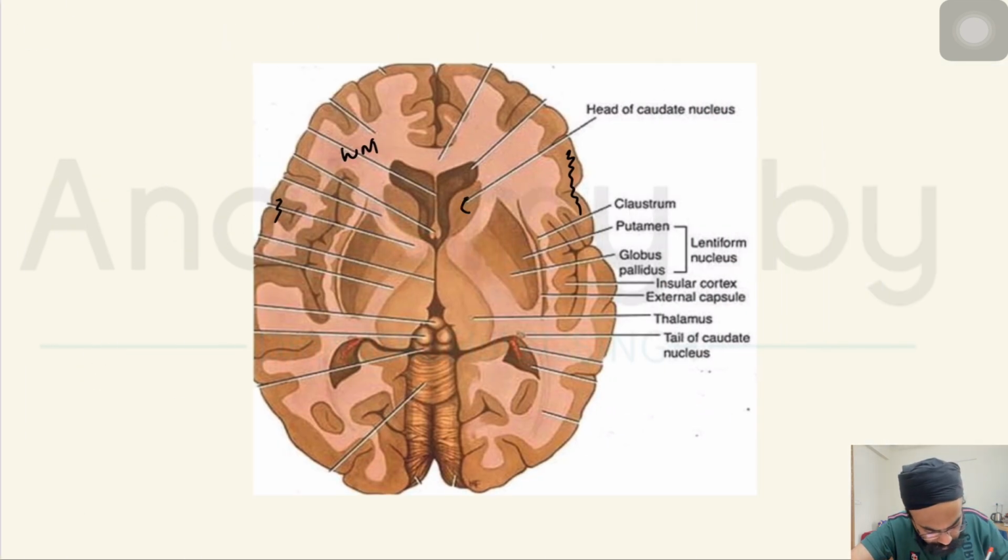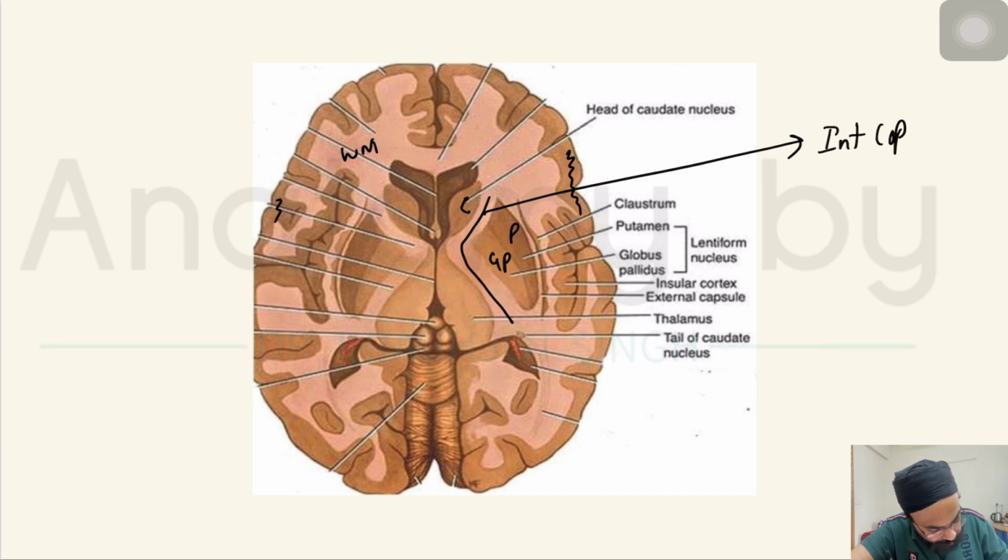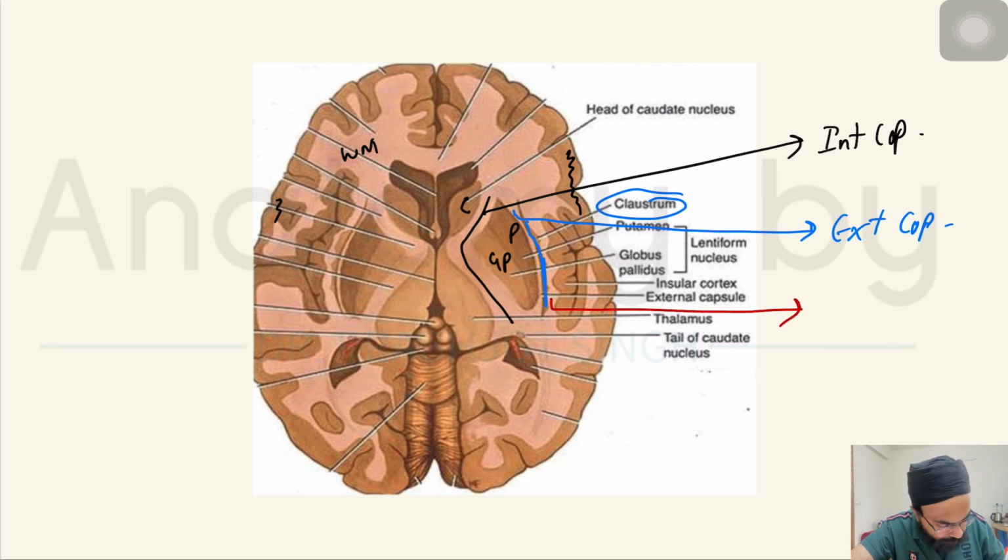So this is caudate, this is globus pallidus, this is putamen, and this over here is your internal capsule. Then this thin grey matter is your claustrum. This white matter between putamen and claustrum is your external capsule. The white matter lateral to the claustrum is your extreme capsule.